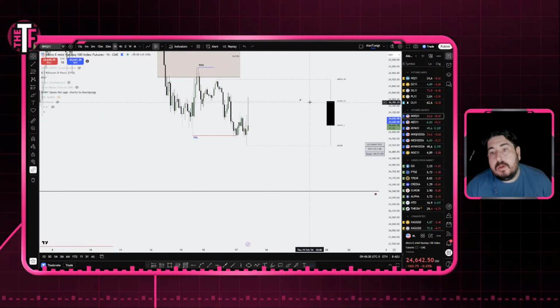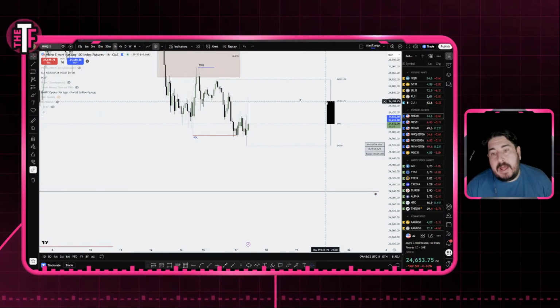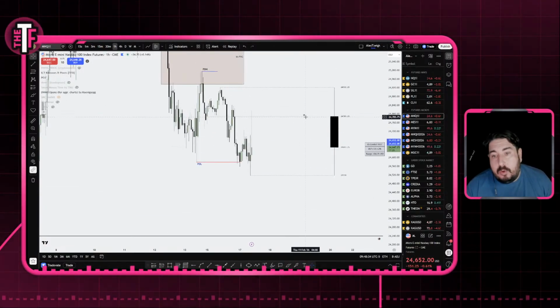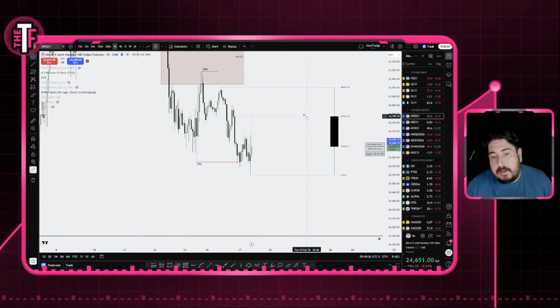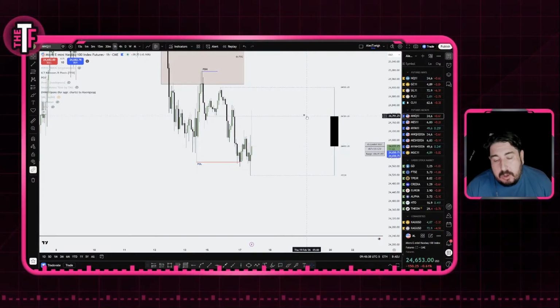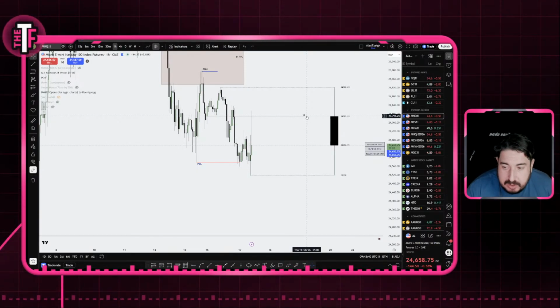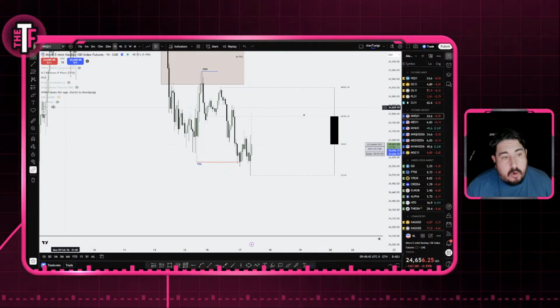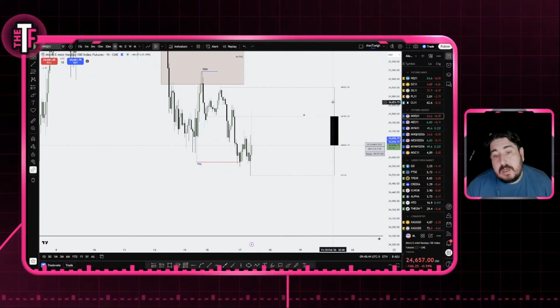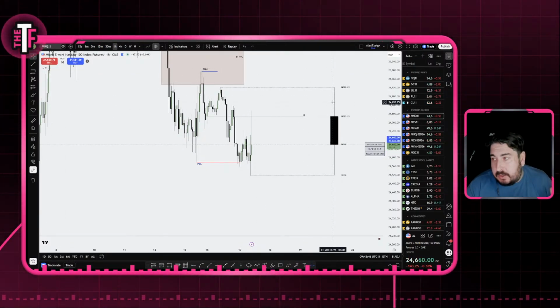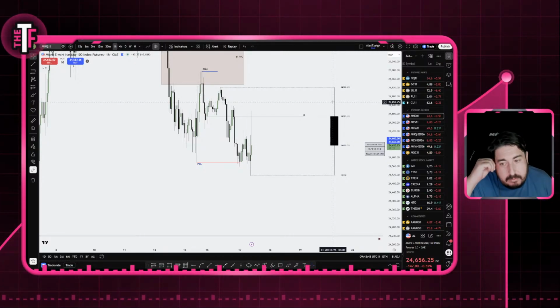Of course, as price is below this daily open, and at the same time the weekly open. Why? Because don't forget, yesterday was a holiday for the US. So yesterday and today is one trading day, one trading candle.